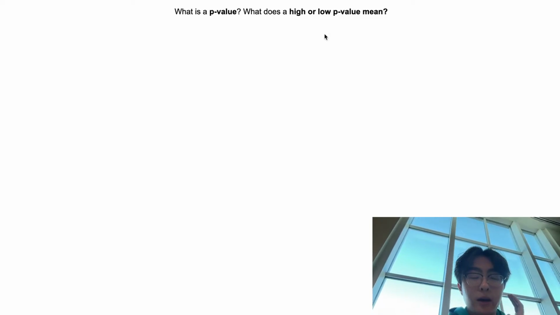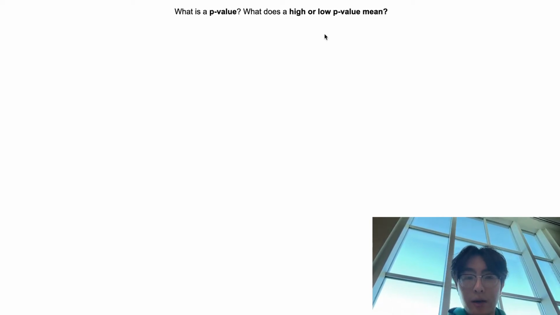So p-value, and what does a high or low p-value mean? When we talk about p-values, it stands for probability value, and they're used whenever we're running experiments or hypothesis testing. We have a null hypothesis and an alternative hypothesis. The null hypothesis usually states that there is no relationship between our variables, and the alternative hypothesis usually states that there is some sort of relationship.